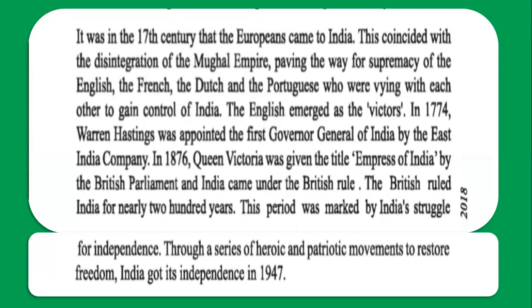The British ruled India for nearly 200 years. This period was marked by Indians' struggle for independence. Through a series of heroic and patriotic movements to restore freedom, India got its independence in 1947.